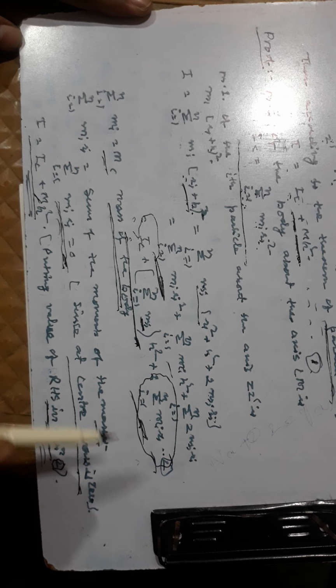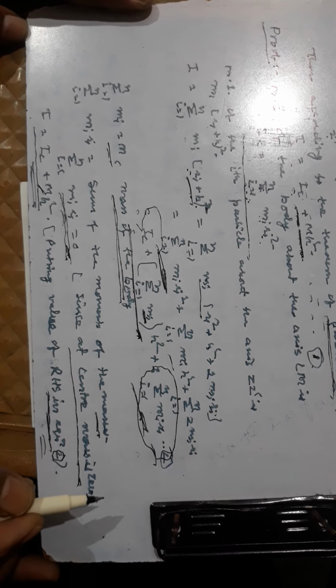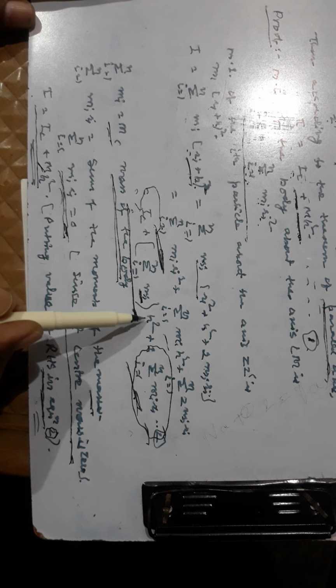It means, putting the value of RHS in equation 2: I is equal to Ic plus sigma mi h square plus sigma mi xi.